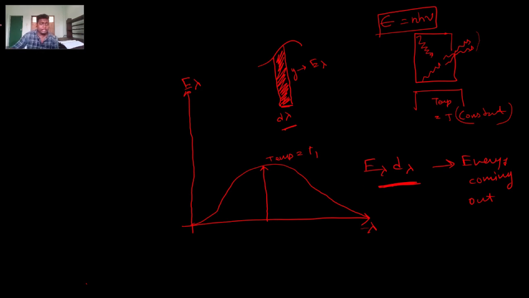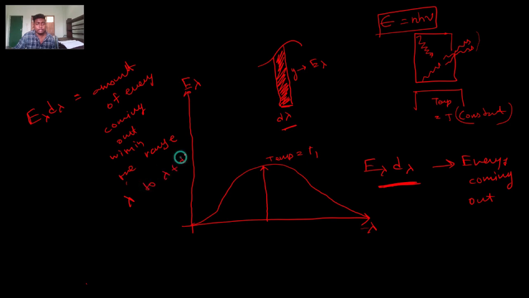Now, what is E lambda d lambda? In brief, E lambda d lambda is the amount of energy coming out within the range lambda to lambda plus d lambda, a very small range.